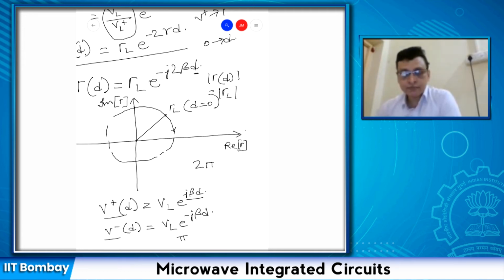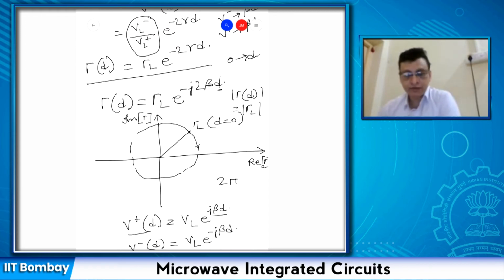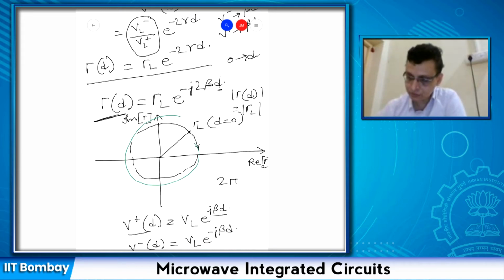If the input impedance repeats after every pi change in phase, then from intuition, even without going into any mathematical derivation, you can say that gamma D should also change after every change in phase by pi. So this relationship proves that because the maximum angle that can be traversed along a circle is 2 pi, right?